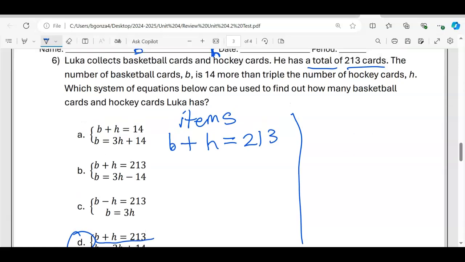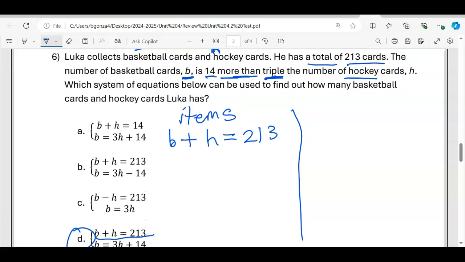But we want to make sure everything else makes sense. It says the number of basketballs B is 14 more than triple the hockey cards. Okay. Now, what does B is? Okay. Is means equal sign. B is equals.